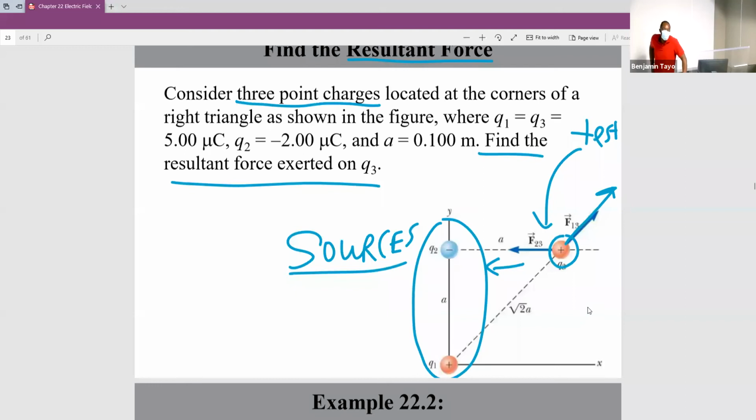If you want to add 2 forces, F1 and F2, you need to know the directions of those forces. There are 2 ways to add forces.